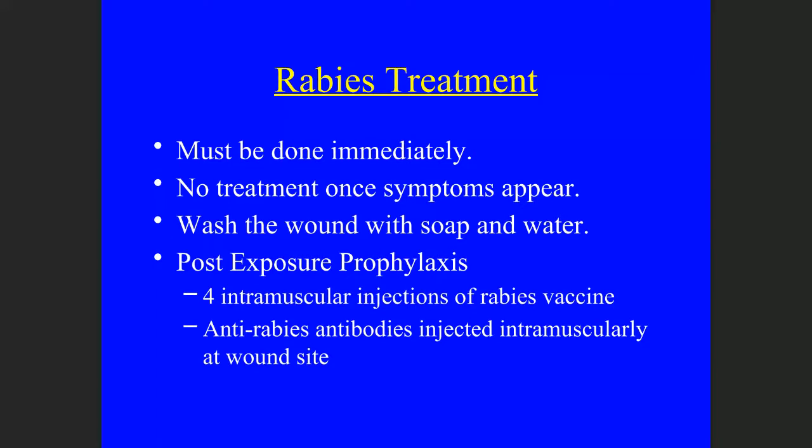So the rabies treatment: if you or anyone was suspected of being bitten by an animal with rabies, what do you do? You've got to act immediately, because once it gets into the brain, there's nothing you can do. The first thing you need to do is wash the wound thoroughly with soap and water. That needs to be done to reduce the amount of the virus in the wound.